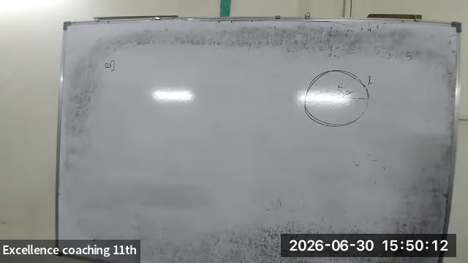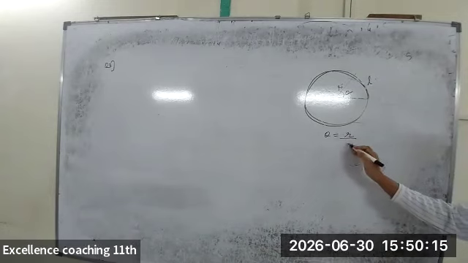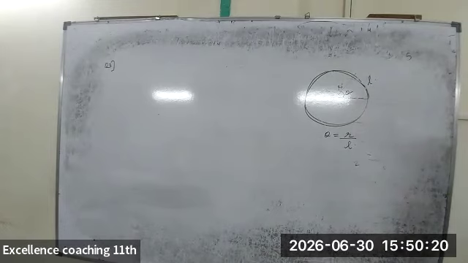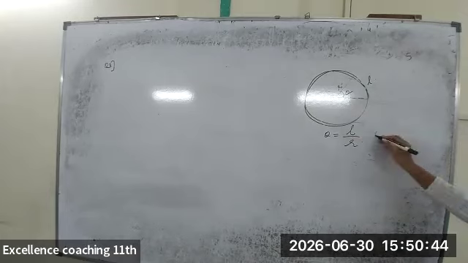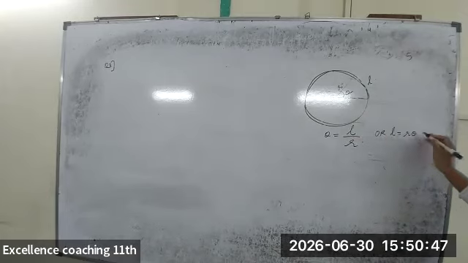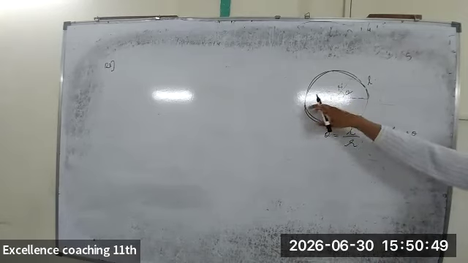So what is the formula? L upon R, or you can write it as L equals R theta. 180 is when half circle.